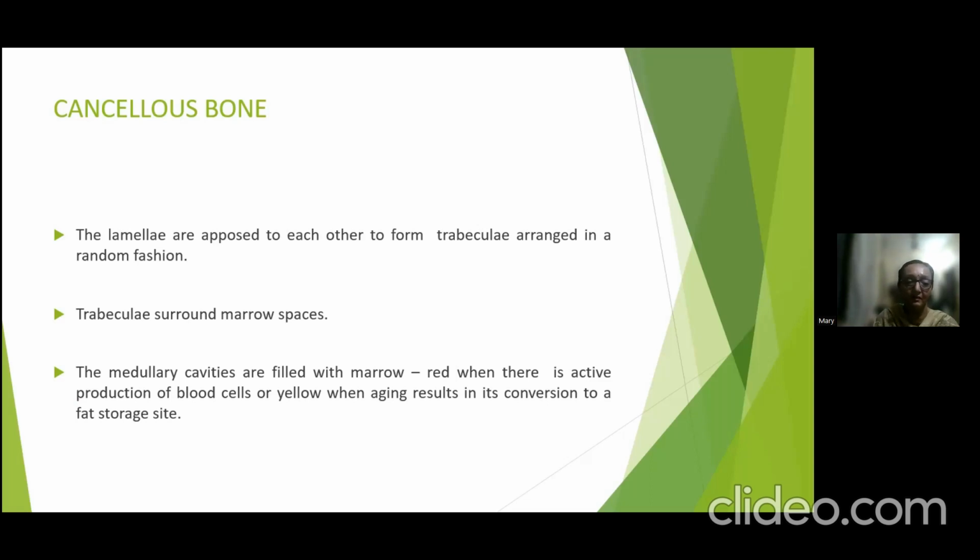This is the red bone marrow, which is active in the production of blood cells. As the person ages, this marrow starts turning yellow, which is mainly because of its conversion into a fat storage site instead of an area where blood cells are produced.